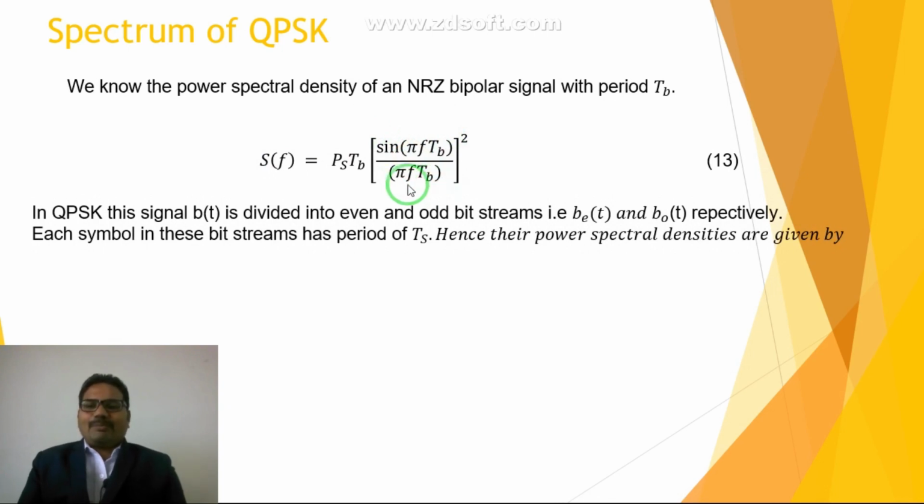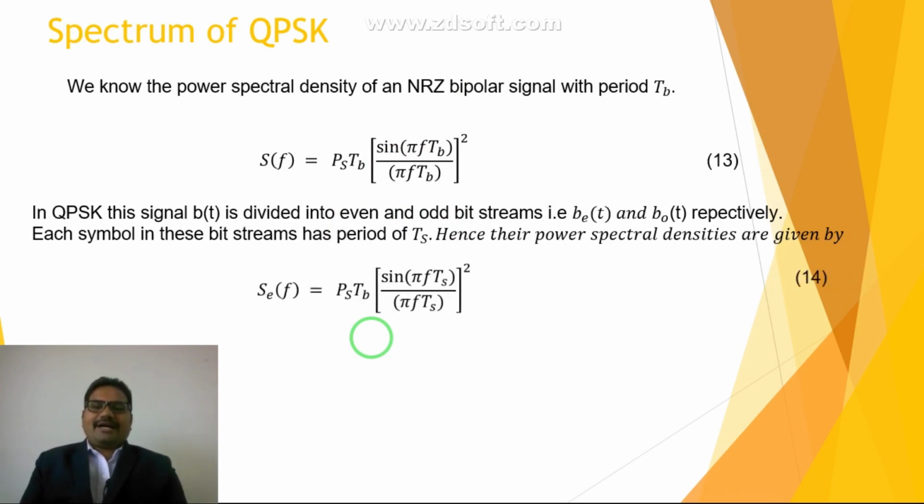So in the QPSK signal, this signal b of t is divided into even and odd bit streams, that is b of ET and b of OT respectively. Each symbol in these bit streams has a period of Ts. Hence the power spectral densities of the even stream and odd bit stream are given by these equations. SE of f is nothing but the power spectral density of your even bit stream.